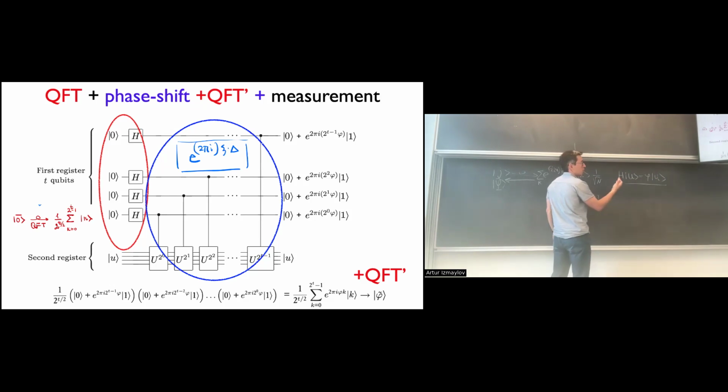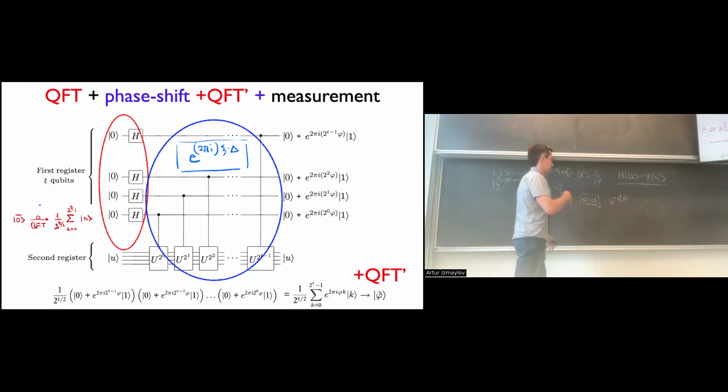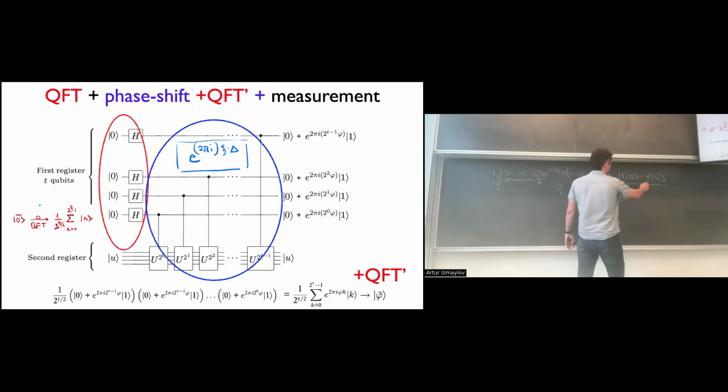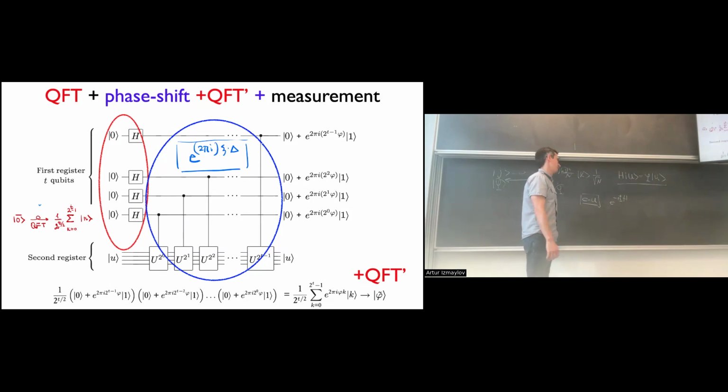And the unitary that we need is the exponential of minus i with some coefficient times H. These coefficients are selected so that we have a representation of the phase in a binary format correctly.